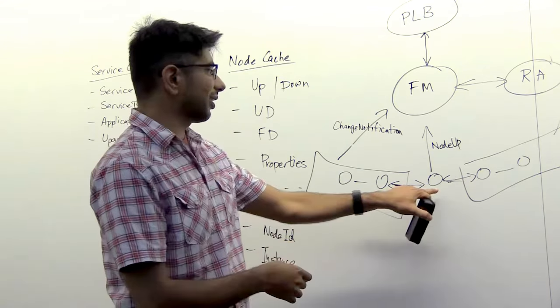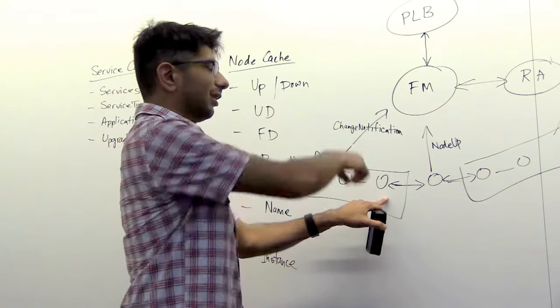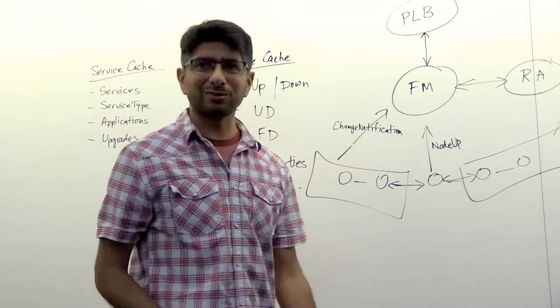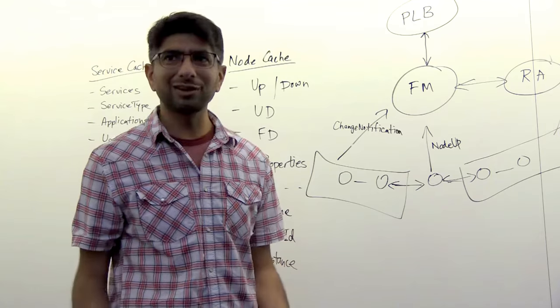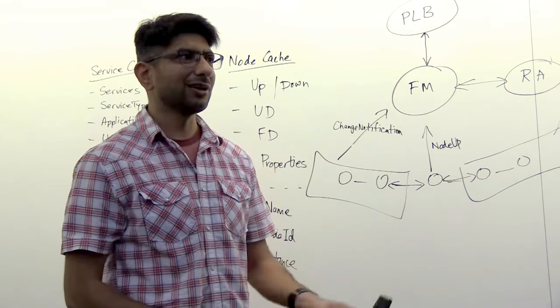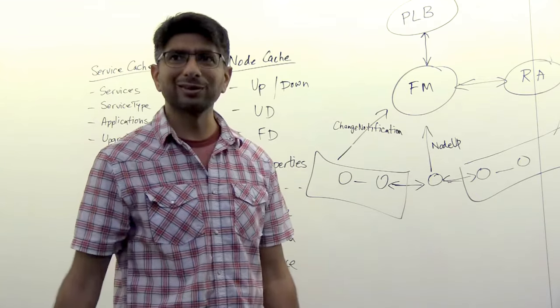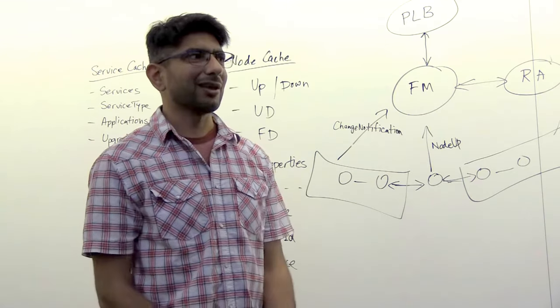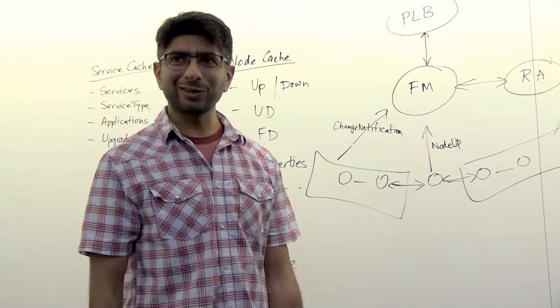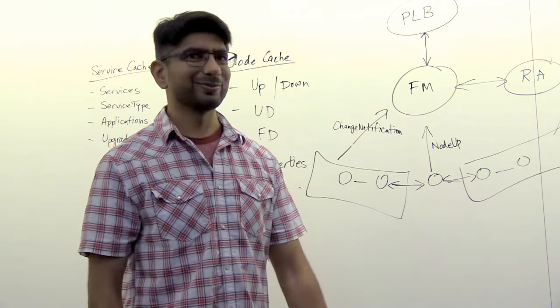Because this guy might be saying node 5 is down, another node might be saying node 5 is up. So whether node 5 is really up or really down, it's really hard to say. So the arbitrator is the one that decides that. And we have some rules and algorithms over there. Whatever the arbitrator decides, that's final.